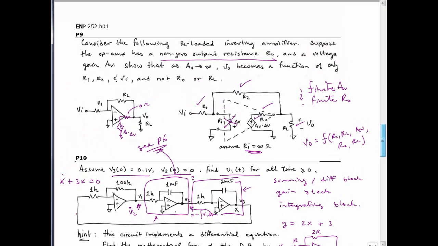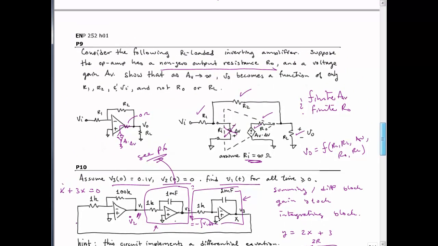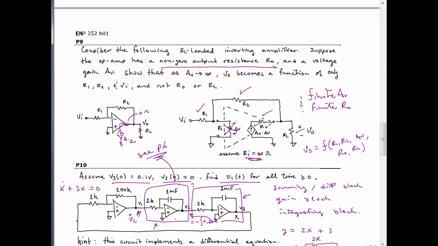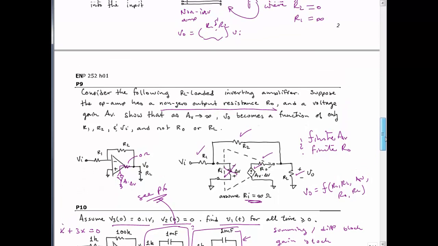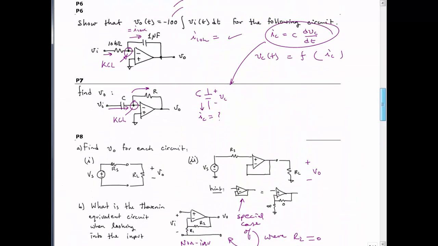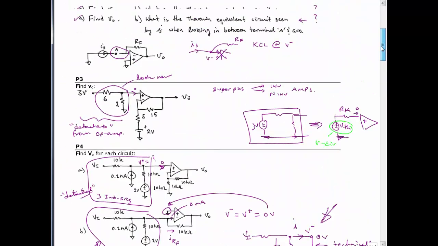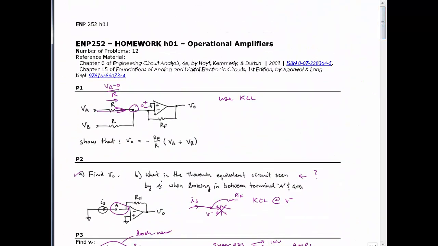Problem 9 takes a little more effort, but again, it's circuit analysis that you would have done by the fourth week in circuits, so it doesn't actually require any op-amp knowledge. And I think the other ones we've talked through enough for you to be able to have a clear path forward.